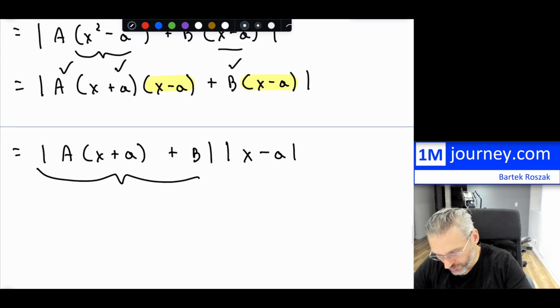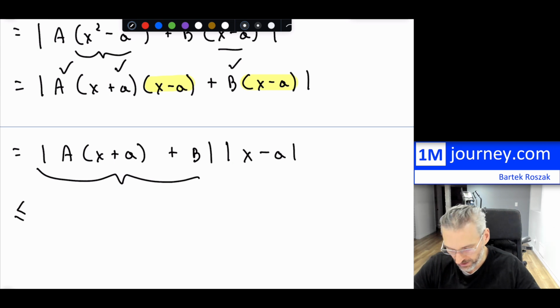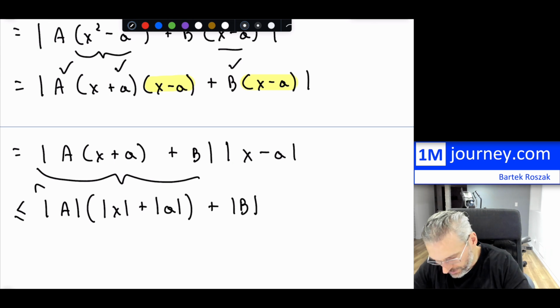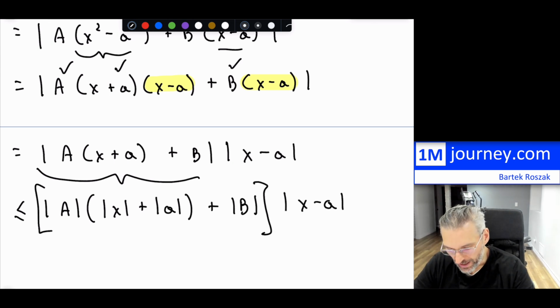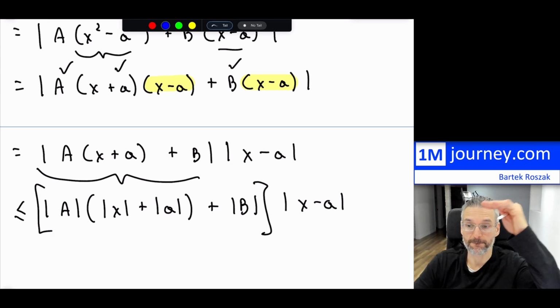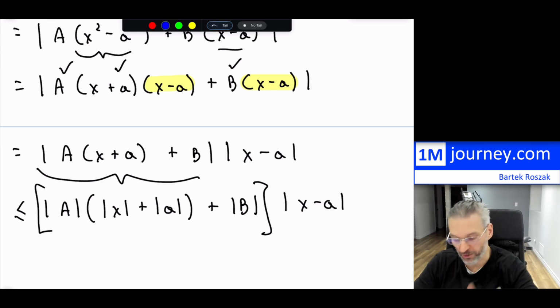Well, you can say that this is less than or equal to. Now, here it's going to be a little bit annoying, but that's fine. So again, I am doing that. Now I'm putting less than or equal to, and I want to maximize. Again, I want to put a complete bound on this.